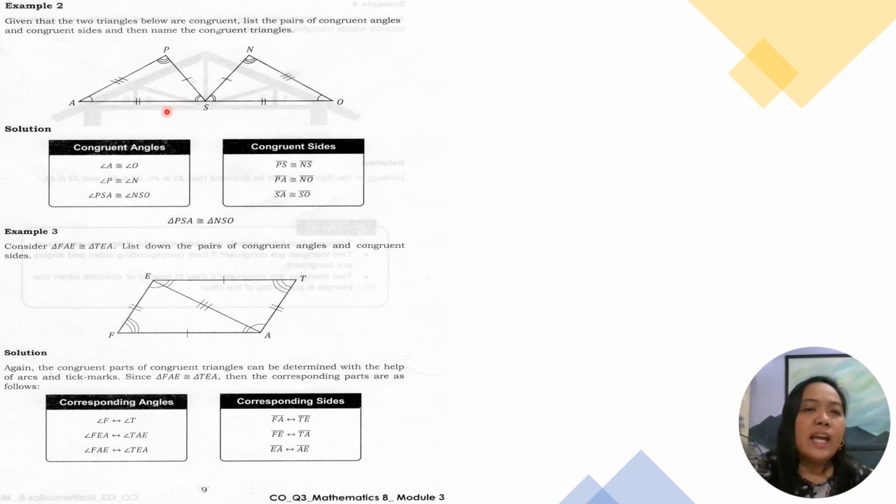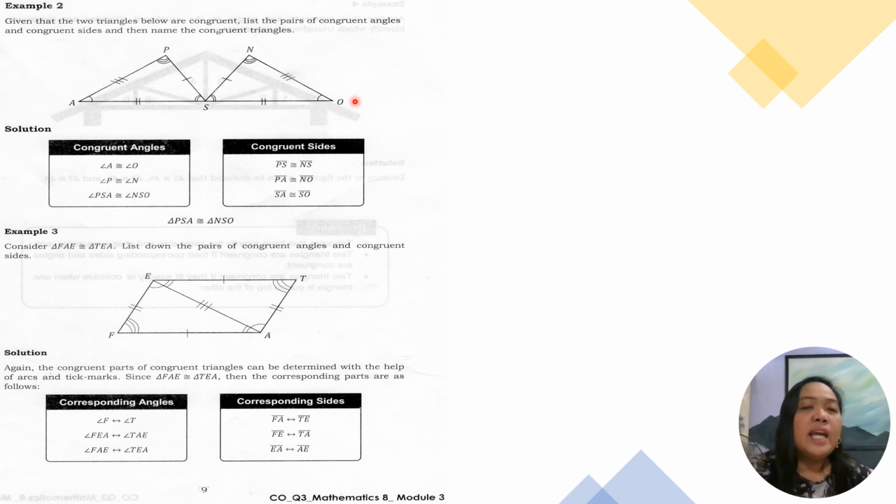Triangle PSA is said to be congruent to triangle NSO. Imagine folding together these two triangles. When you fold together triangle PSA with triangle NSO, they will coincide. They will fit together. That is why they are said to be congruent.